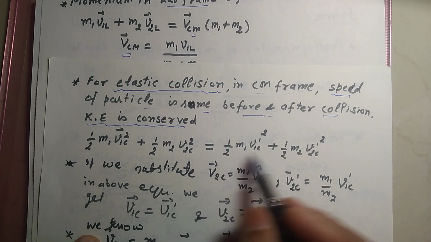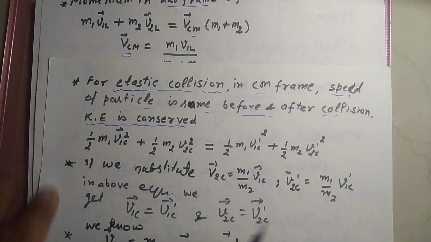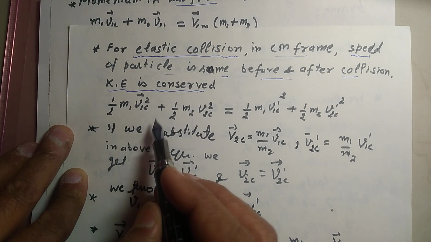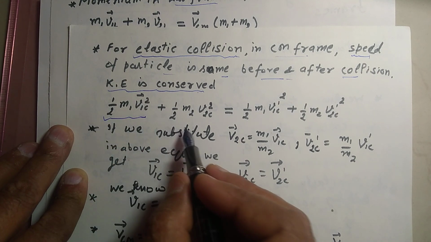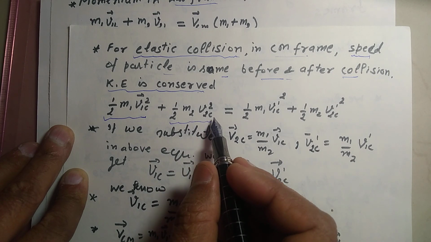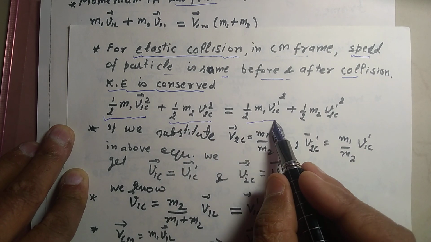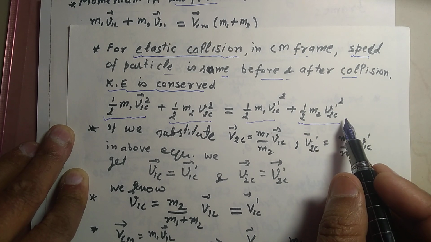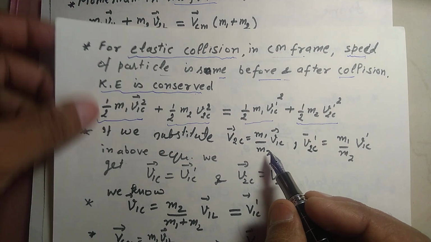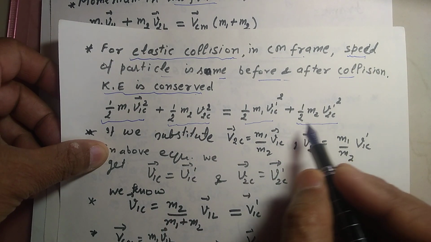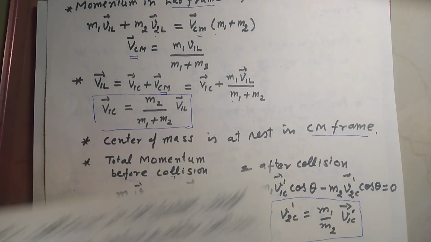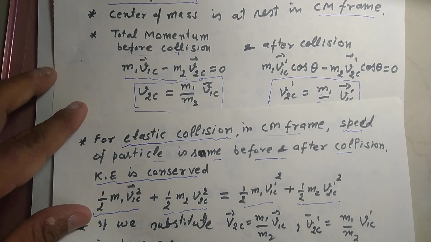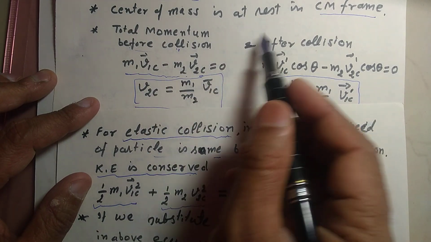For example, here we write the kinetic energy before the collision is half m1 v1c squared. This is kinetic energy of the particle m1, and this is kinetic energy for the m2 before the collision. And similarly, this is the kinetic energy after the collision for particle 1 and particle 2 in the center of mass frame. And earlier we have evaluated the expressions for v2c and v2c prime from the center of mass.